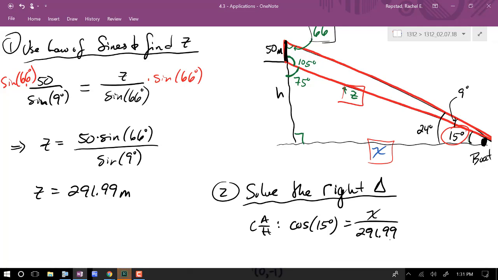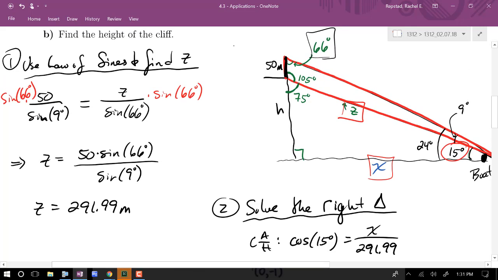Emily is asking, was it 180 minus 124 for the angle near 50? Yes, it was. So we did 180 minus 105 minus 9 to get that angle, which is 180 minus 124. Wouldn't it be 56?